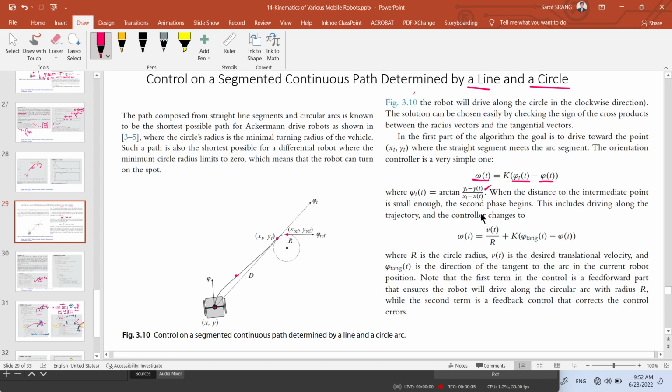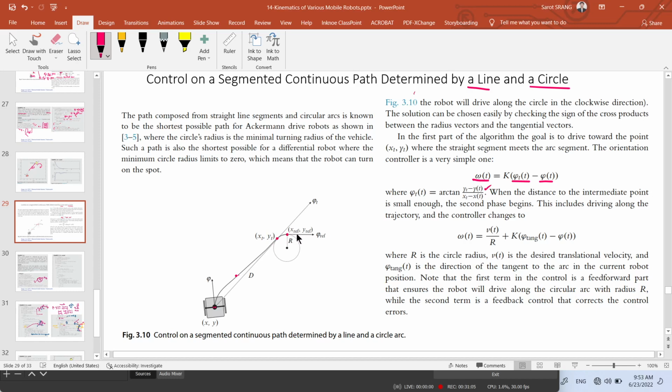So the idea is that when the distance to the intermediate point is small enough, the second phase begins, which means we switch the controller to be in a way that omega must rotate along the circle. So how can you achieve the trajectory along the circle?